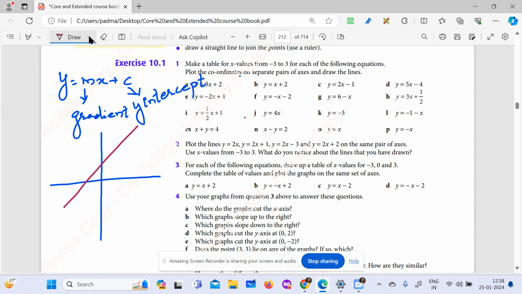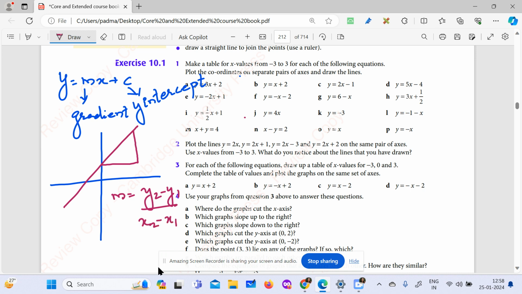So to calculate the gradient, we will just draw one right triangle like this, and then we will calculate the rise over run, that is the difference in the y-axis and the difference on the x-axis. So you know already gradient is y2 minus y1 over x2 minus x1.